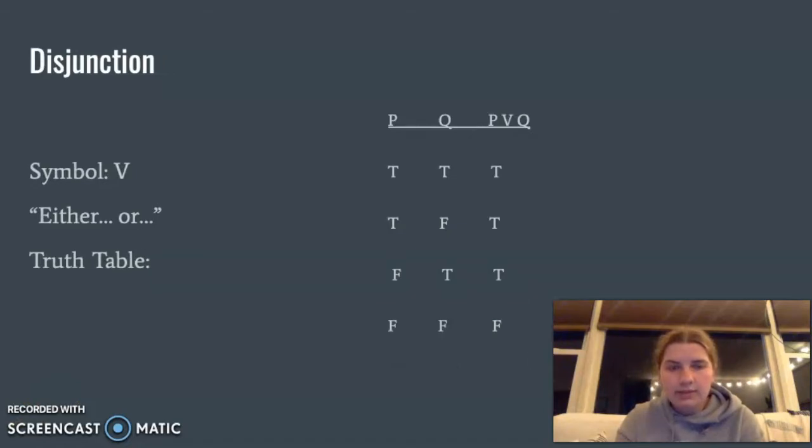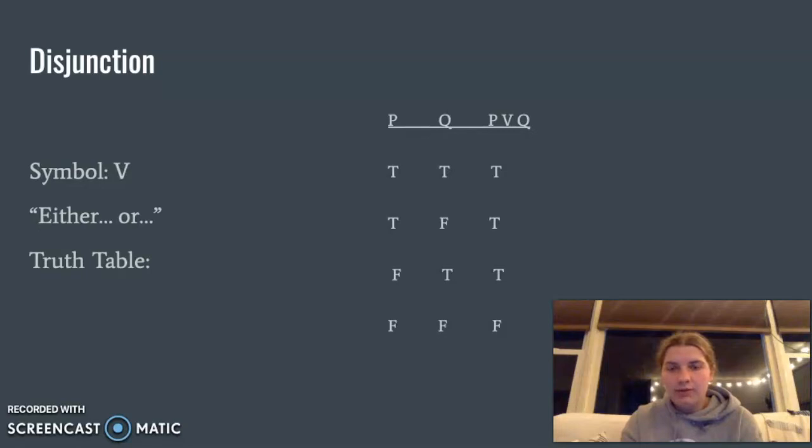The next connective is disjunction. The symbol is represented by something that looks like a V, and that is shown between atomic sentences with "either/or." For the truth table for disjunction, I once again do P and Q. P is true, true, false, false.